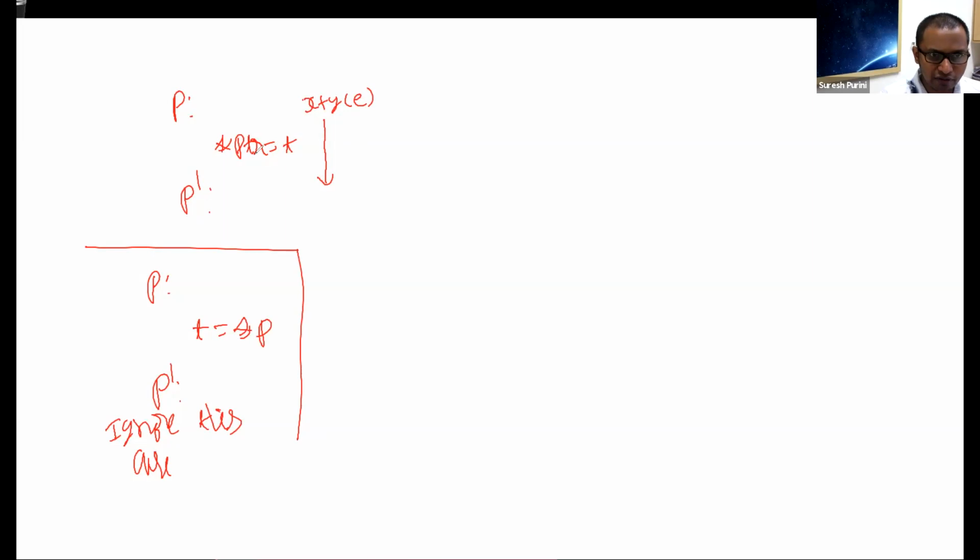If the pointer variable points to x or y, then the expression e gets filtered out. But if it doesn't point to x or y, then the expression x + y survives.